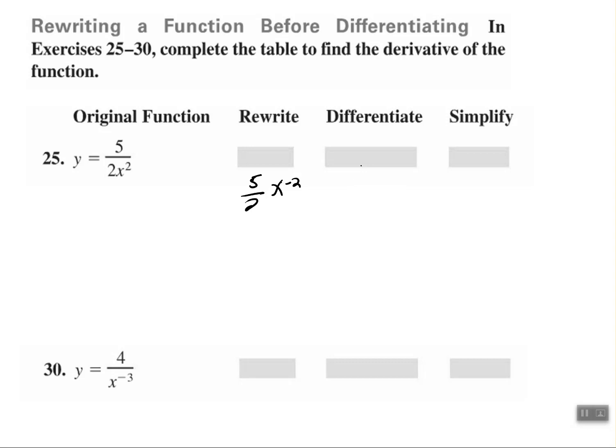So differentiate, we're going to multiply by negative 2, and if we multiply by negative 2, the 2 and 2 will cancel, we'll keep the negative, so that will give us negative 5, and then subtract 1 from the exponent to get the negative third power. Negative 5x to the negative third, and then simplify, so negative 5 over x to the third power.